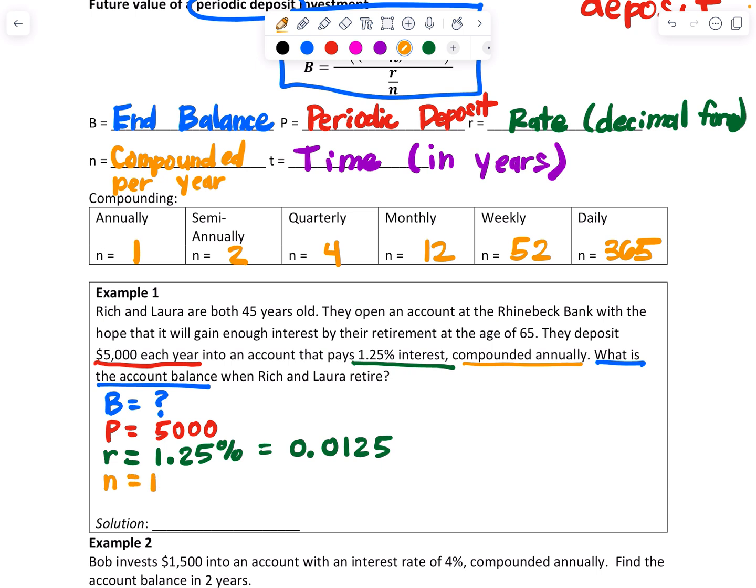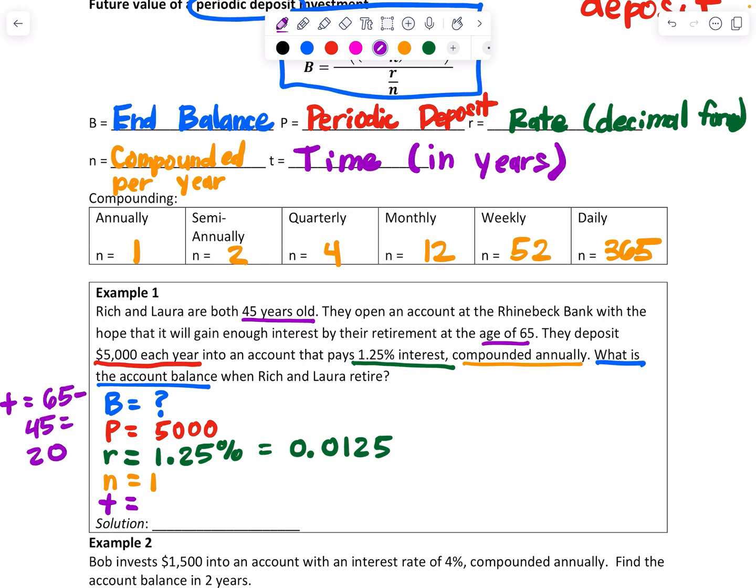And let's talk about the time too. It didn't say a specific number of years, but you've got to use some reasoning skills, okay? So they are 45 years old and they want to retire at the age of 65. So the time is going to be the difference between 65 and 45.